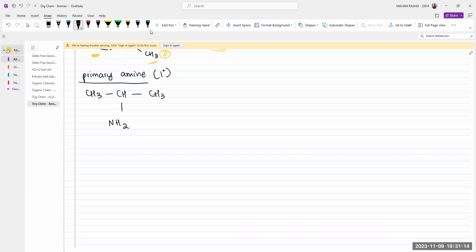ठीक है? Now you could name this as aminopropane. How can you name this as aminopropane? Because ये आपका amine group आ गया and these three C's, a propane. Exactly. ठीक है? So one naming could be done this way.